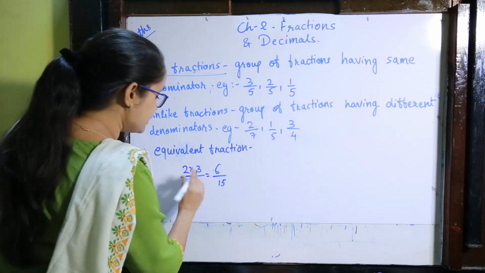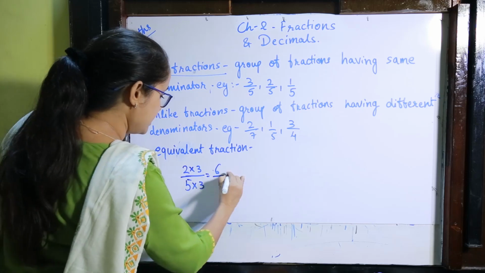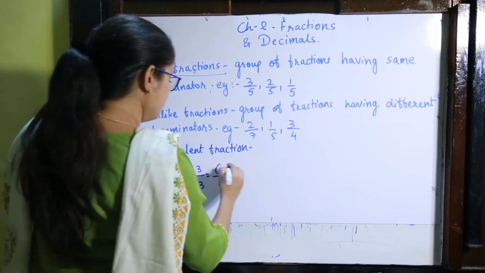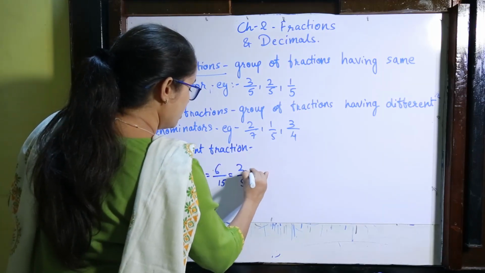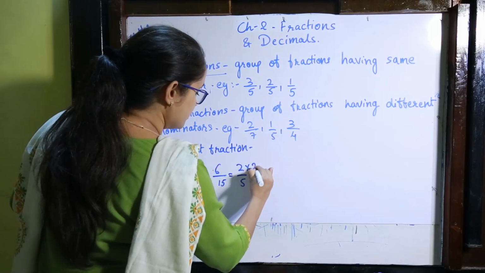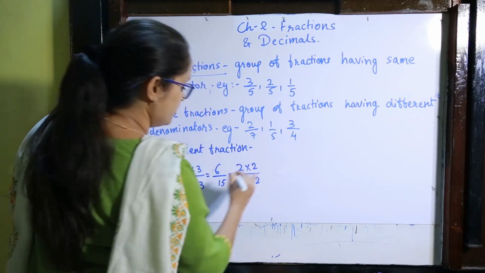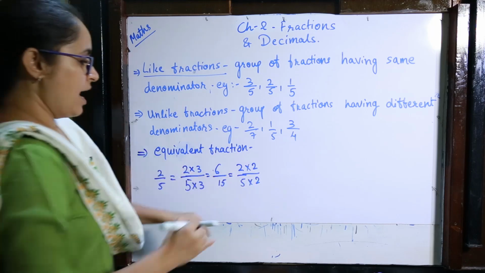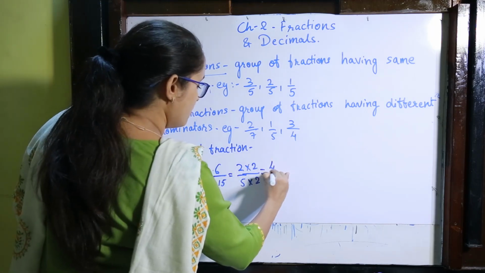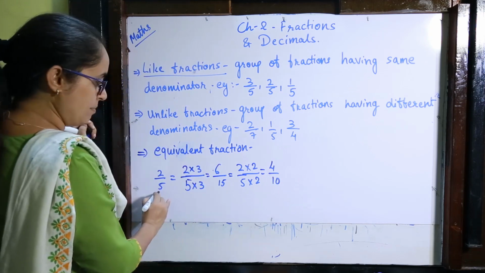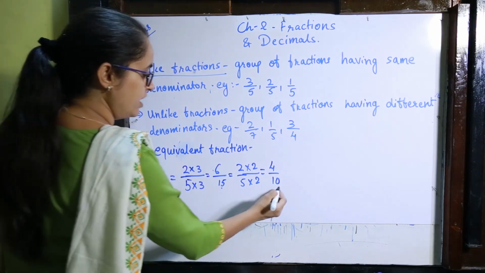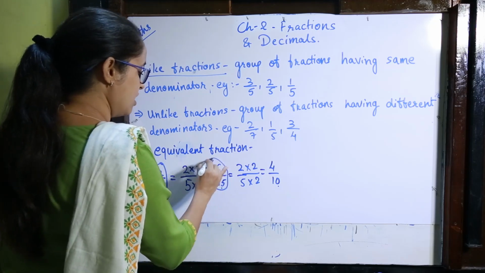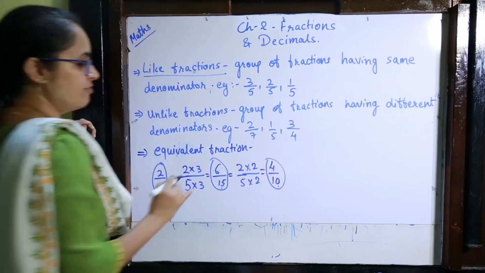Suppose I have the same fraction 2 upon 5, and I multiply the numerator and denominator with another number like 2. I will get 4 upon 10. So here 2 upon 5, 6 upon 15 and 4 upon 10, all these 3 fractions are called equivalent fractions.